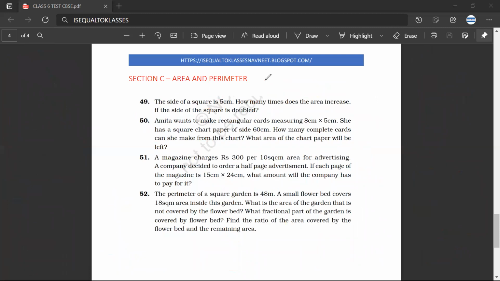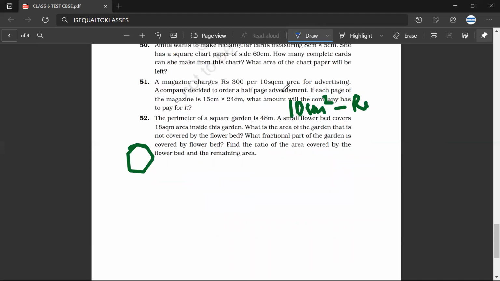Okay. Mr. Sarthak, 51st question. So price per 10 centimeter square is 300 rupees. So price per 1 centimeter square will be 30 rupees. Each page is 15 into 24, which is equal to 360 centimeter square.